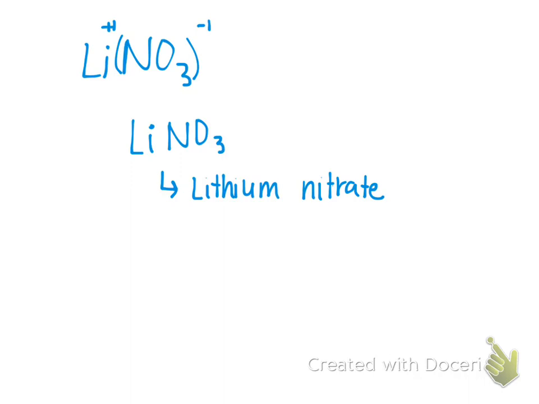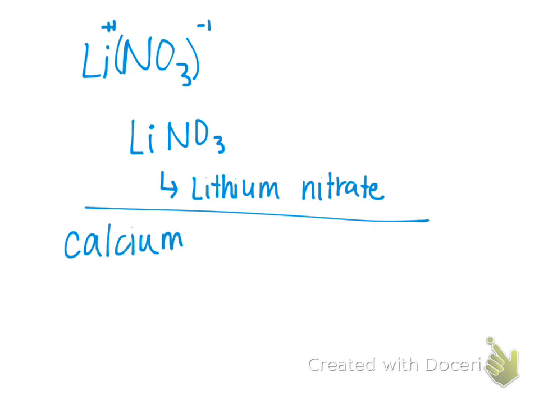Okay, so naming with polyatomic ions is very simple. It's really everything we've been doing, except now we're using our polyatomic ions instead of just regular anions. So if I give you this name, calcium sulfate, can you come up with that chemical formula? All right, so if you're kind of stuck, that's okay.